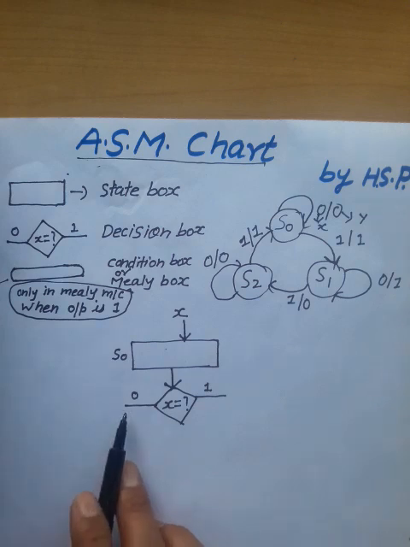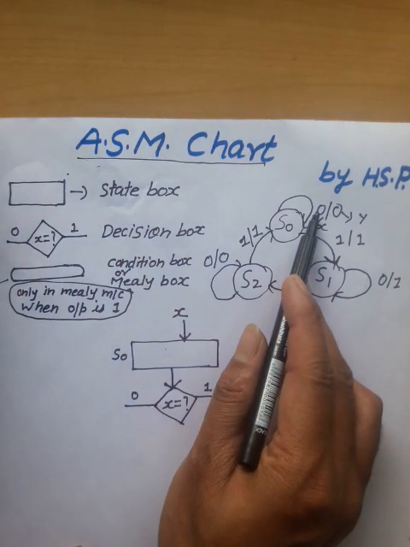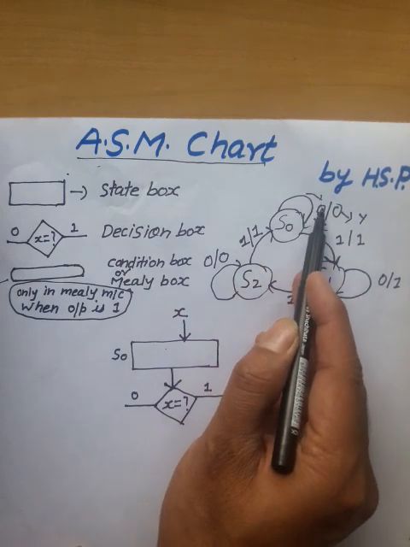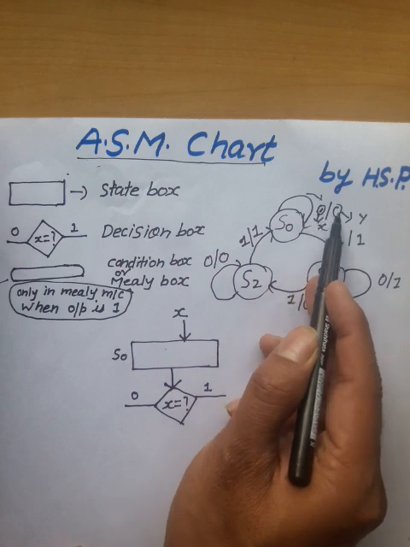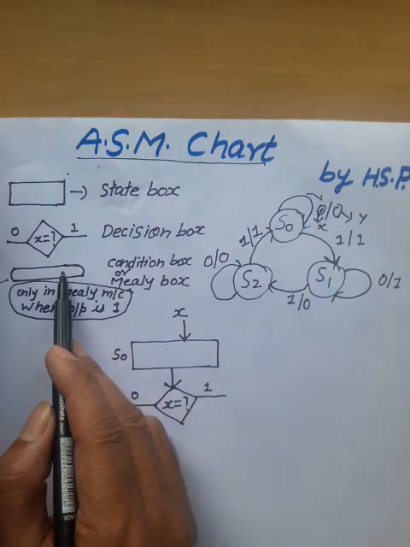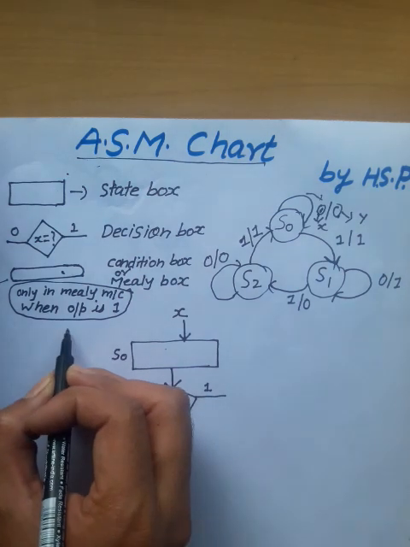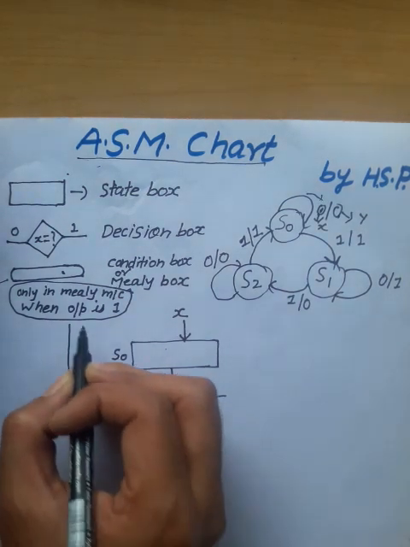When value is 0, it remains in same state and output is 0, so we will not use this box. It remains in same state means there is no transition.